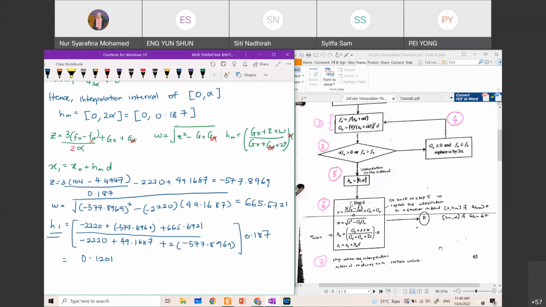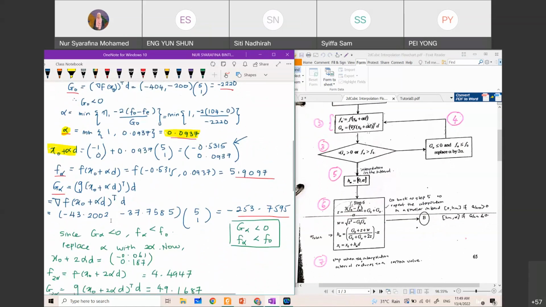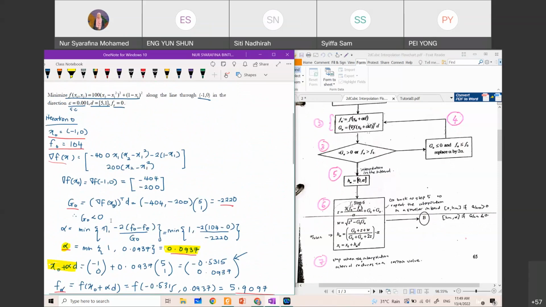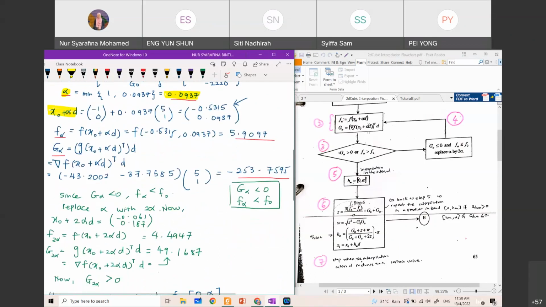All right. So now this is your new interval, new start line. H1 is 0.1201. Previously we had alpha, 0.0937. Now this alpha in the next iteration is your H here.